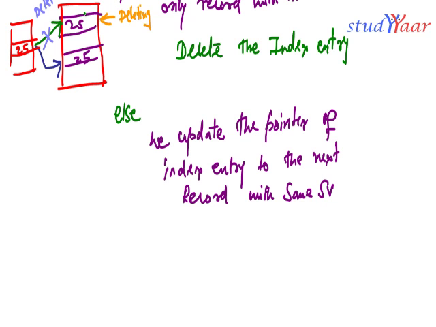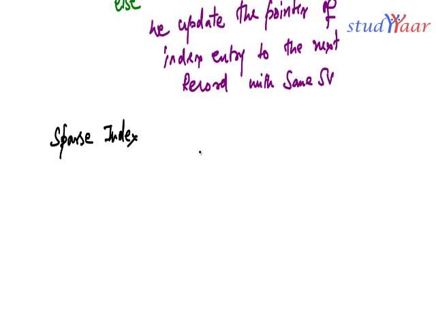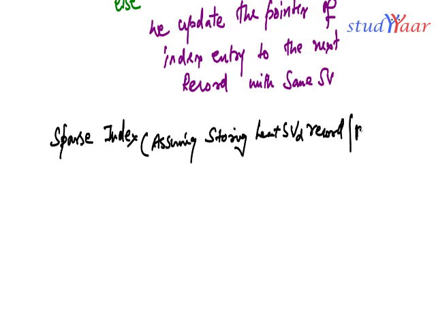Now we will take a look at sparse index deletion. Again, we are assuming that we are storing the least search valued record per block.